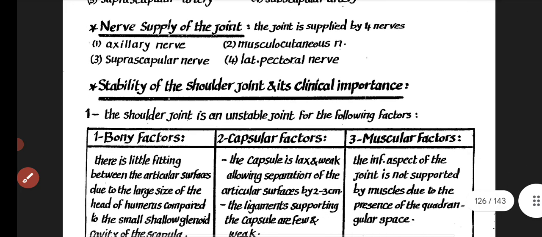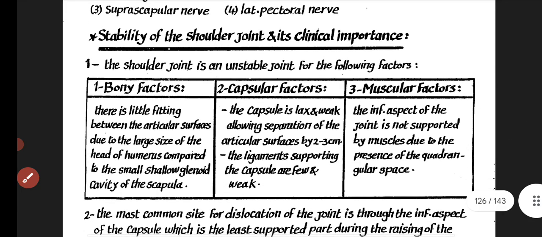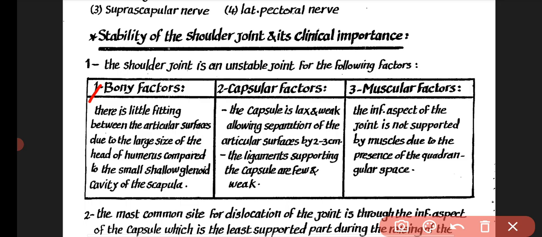Okay. The stability comes from the bony factors, the capsular factors, and the muscular factors. Bony factors: two bones unite to form the joint, the head of the humerus and the shallow glenoid cavity.